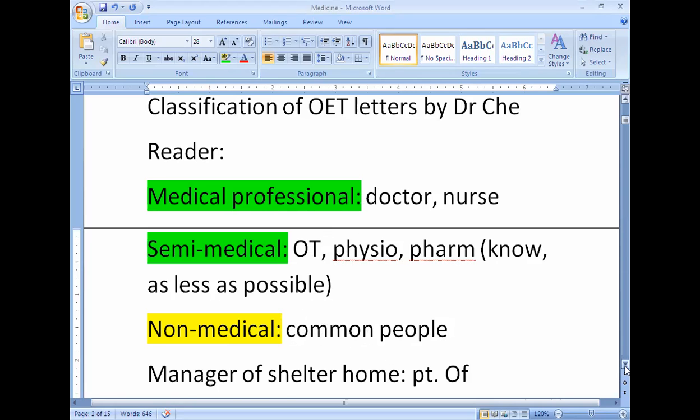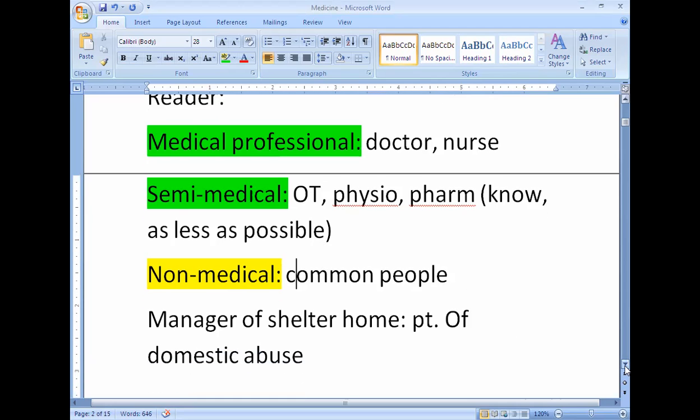For example, in today's class with doctors and nurses, I was marking one letter that was written to the manager of a shelter home. So my question is, is the manager of a shelter home a doctor, a nurse, or a common man? Common man.